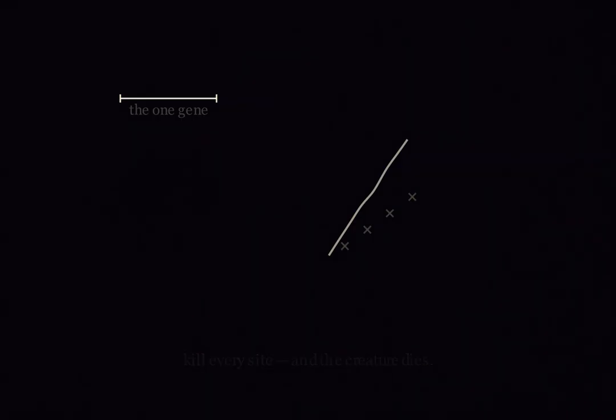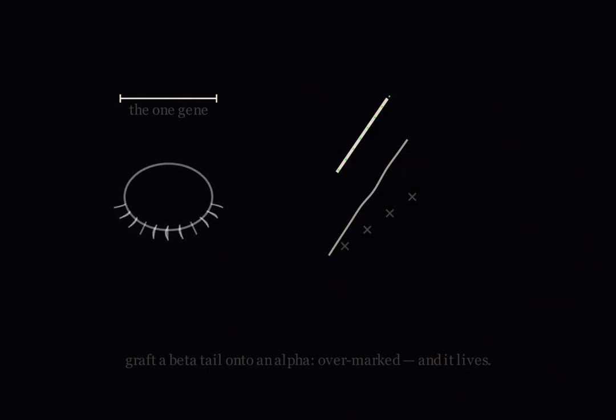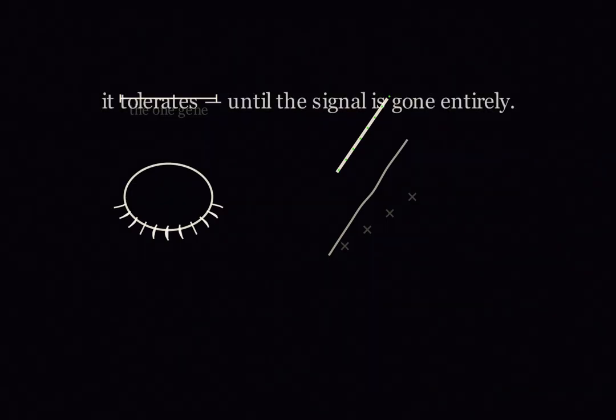And strangest of all, graft a beta tail onto an alpha stone, and the grafted tail is overmarked, loaded with more glycine chains than any natural tail carries, and the creature lives. The system does not proofread the letter of the signal. It tolerates until the signal is gone entirely.